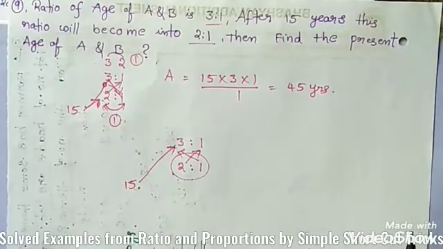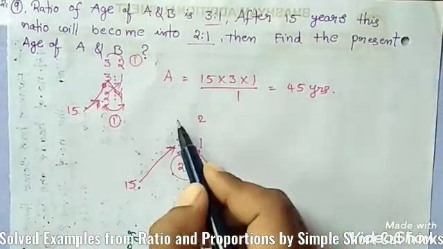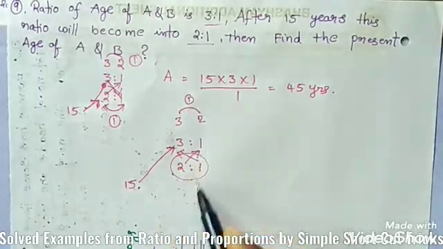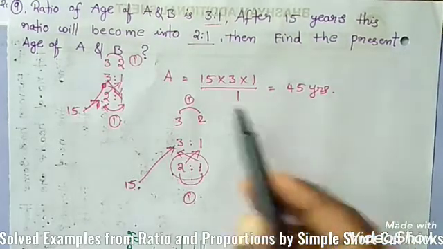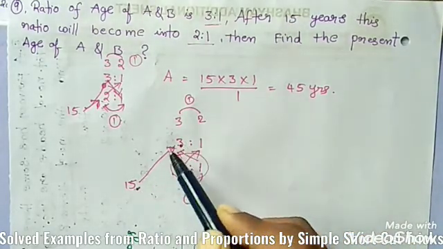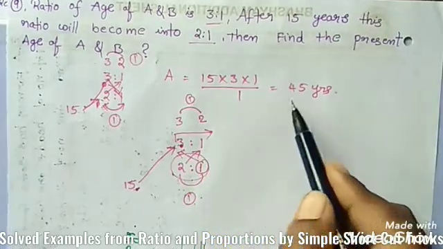Just by doing cross multiplication here, 2 into 1, 2, and 1 into 3, 3. The difference between these two is 1, and the difference between these two is also 1. Now to calculate the age of A: 15 into 3 into this 1, so 45 years.